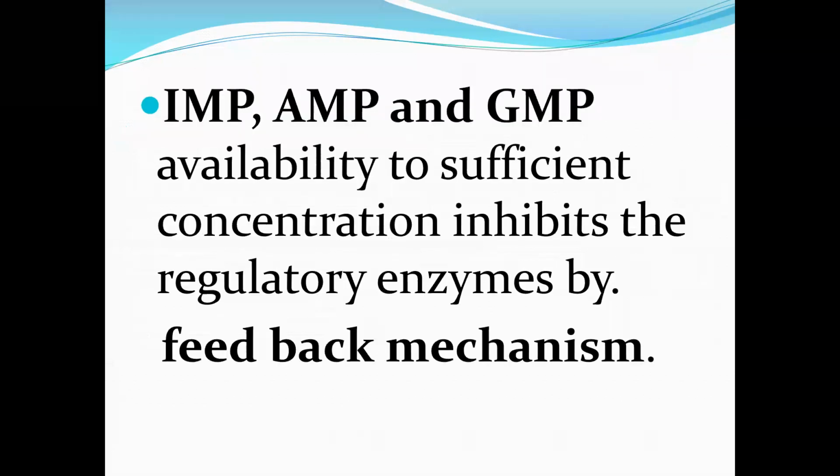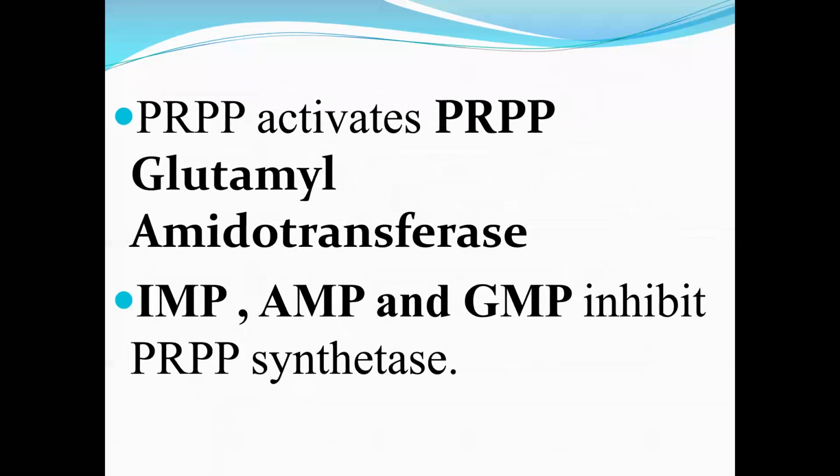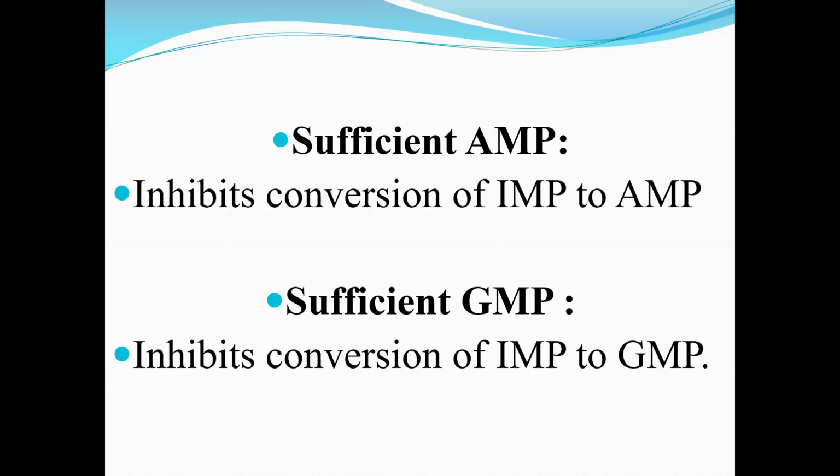IMP, AMP and GMP, if they are available in sufficient concentration, inhibit the regulatory enzyme by a feedback mechanism. So AMP and GMP undergo feedback inhibition. PRPP activates the next enzyme, glutamyl aminotransferase, and IMP, AMP and GMP inhibit PRPP synthetase.